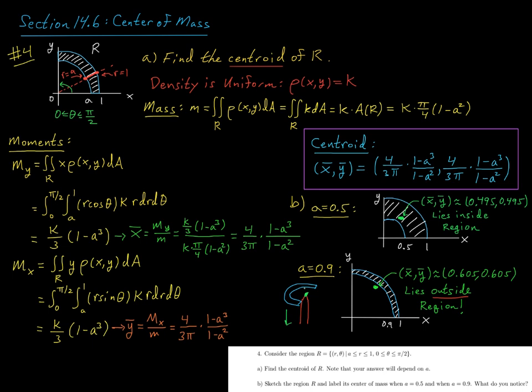Even though this center of mass lies outside the region, remember the moment interpretation: if I were to concentrate all of the mass of my region at this location, the moment of that new point mass about the x-axis and about the y-axis, those rotational tendencies, would be the same as this original region. So there is still that interpretation.